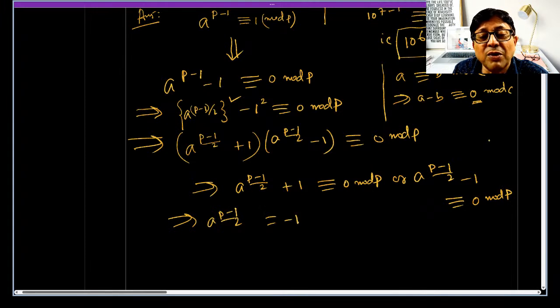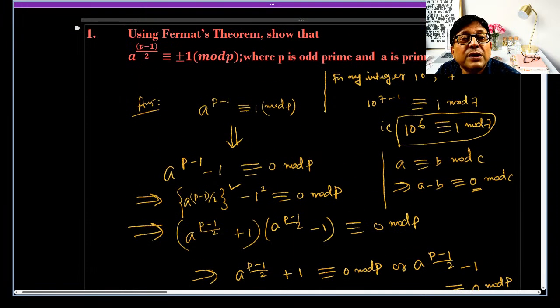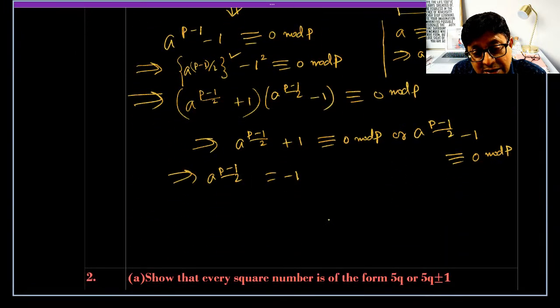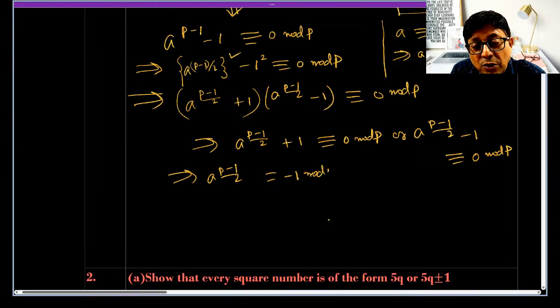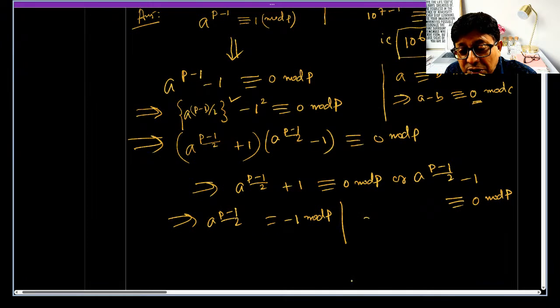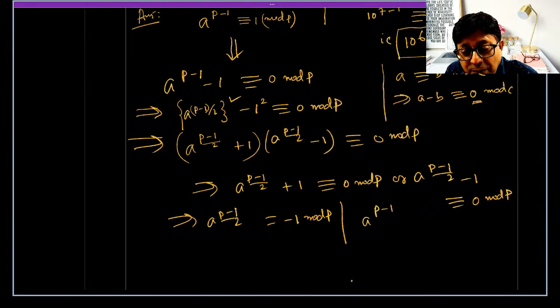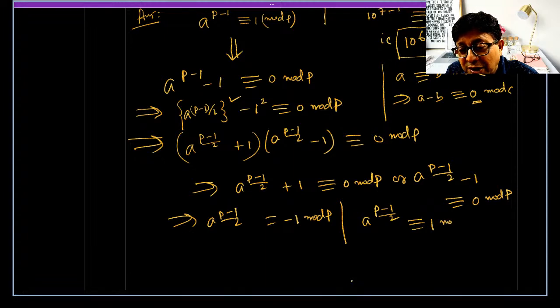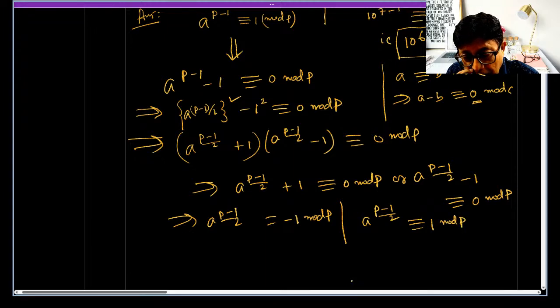This will be minus 1. What you are supposed to prove? This is equal to minus 1 mod p or plus 1 mod p. If transferred to the right side, this comes to be minus 1 mod p. And from the second one, it is going to be a to the power (p minus 1)/2 congruent with 1 mod p. So what is your concept here?